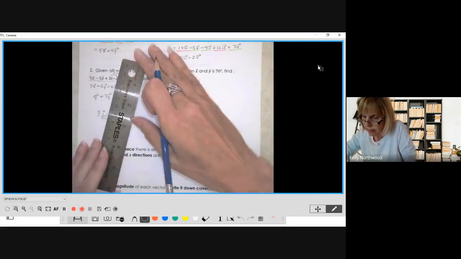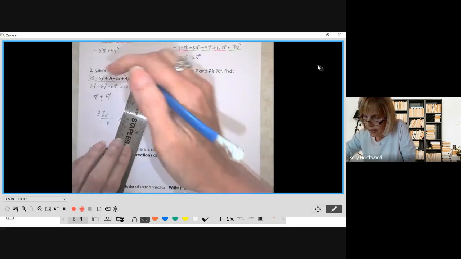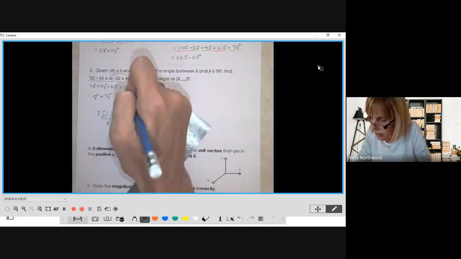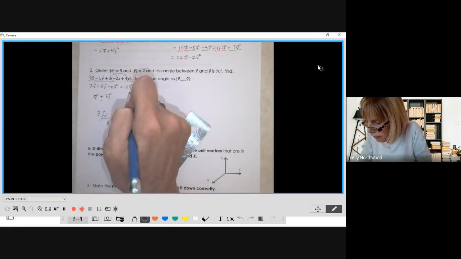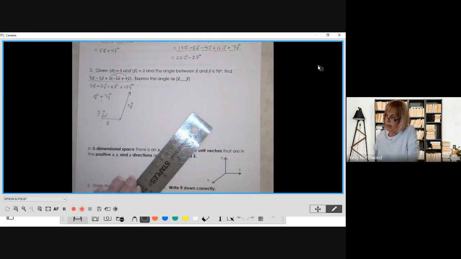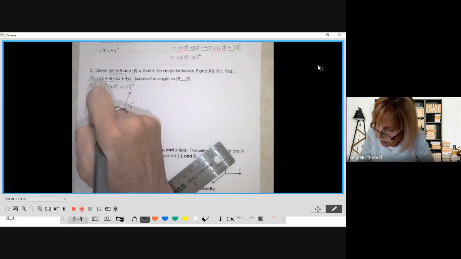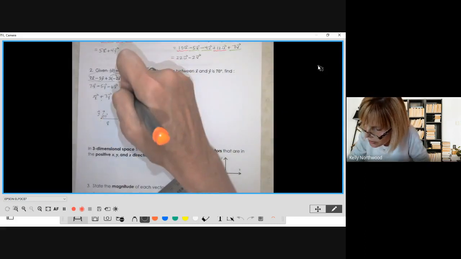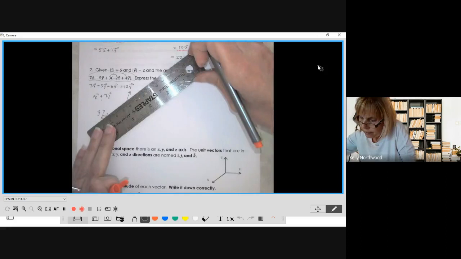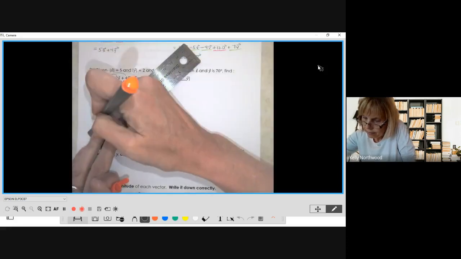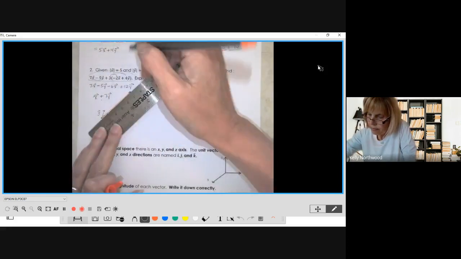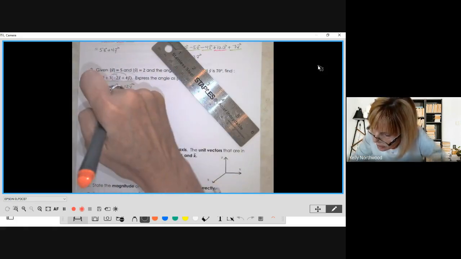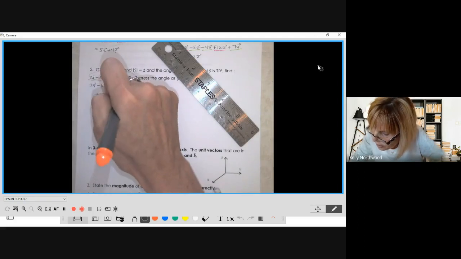So I'm going to make it parallel and 7 times as long, which I can't quite do nicely, so I'll just pretend that I am. And then draw in my resultant, which is from the tail of vector x to the tip of vector 7y. Make sure you put your arrows on your vectors, and this is vector x plus 7y.